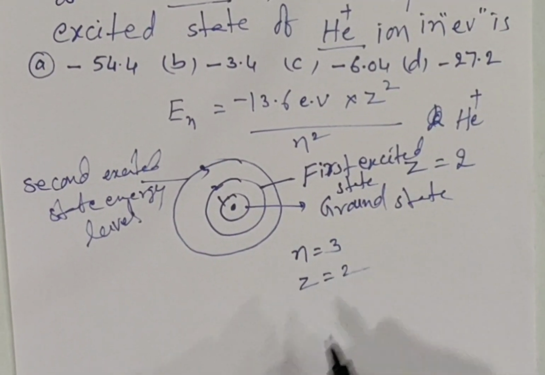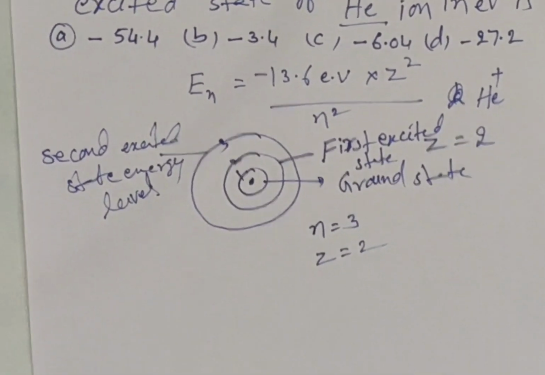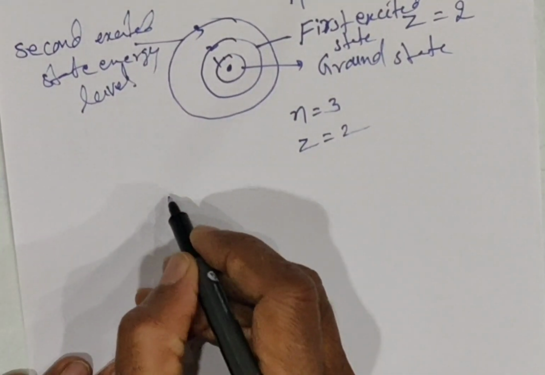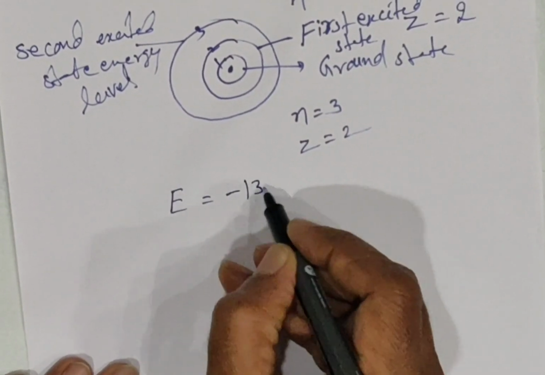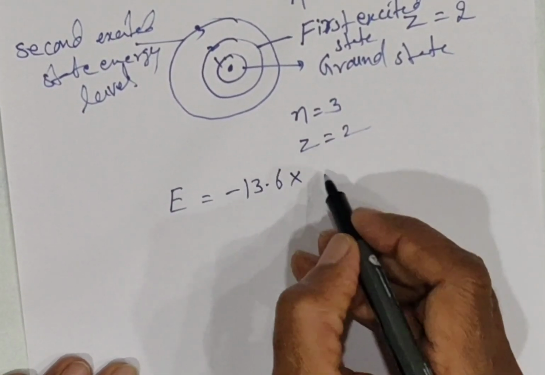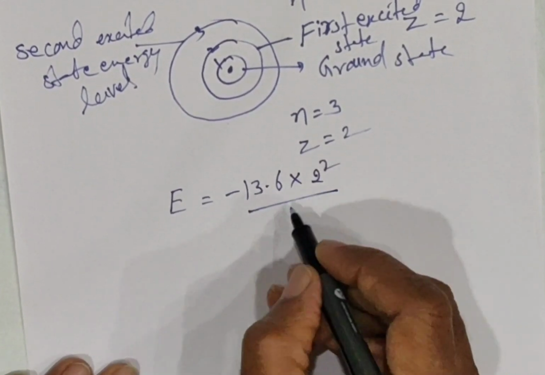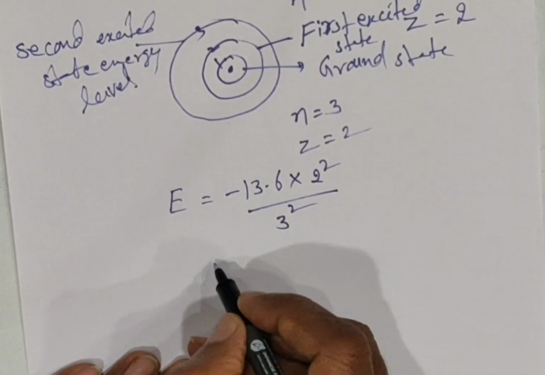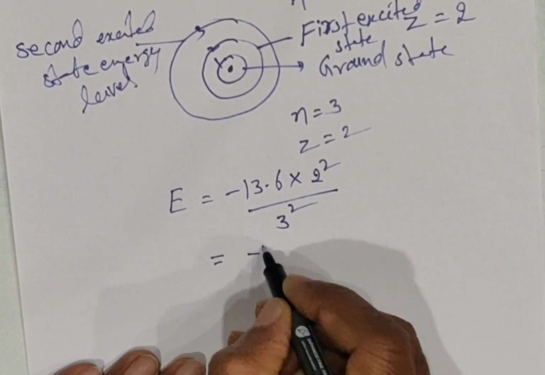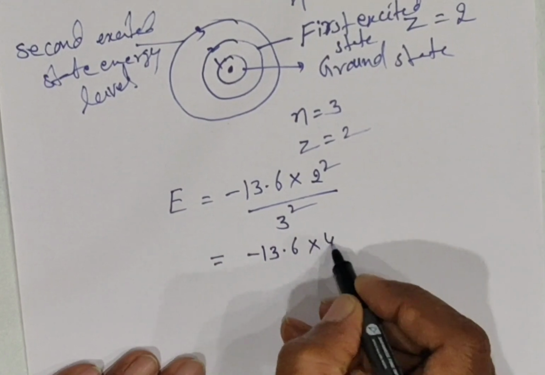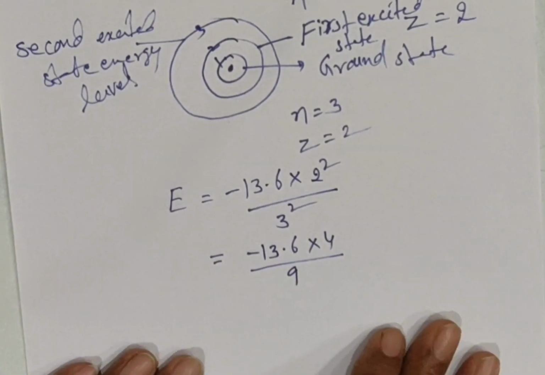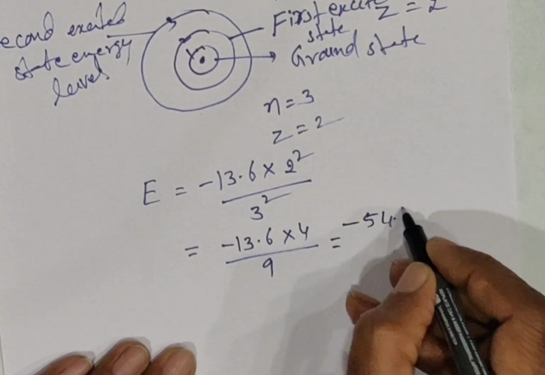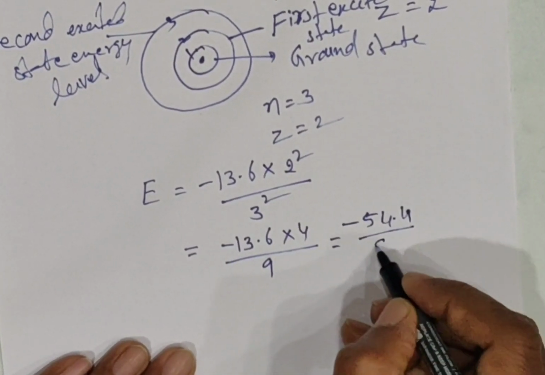Now you have to substitute these values in this mathematical expression. E is equal to minus 13.6 into Z is 2 square by N square means 3 square. That is equal to minus 13.6 into 4 by 9. 3 square means 9. On simplification we will get minus 54.4 by 9.